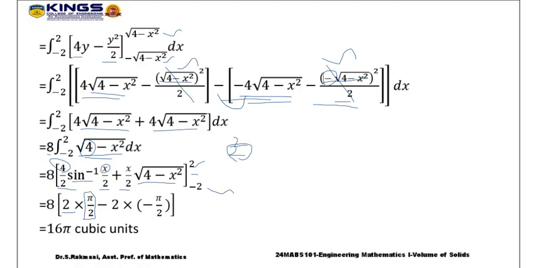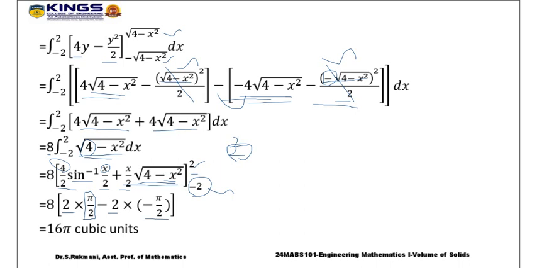If we substitute x equal to 2 here, this term becomes 0. So upper limit is over. Minus lower limit. Lower limit is minus 2. So here again 4 by 2 becomes 2 into sine inverse of x, instead of x minus 2 by 2, that becomes sine inverse of minus 1. Again the value for sine inverse of 1 is 90 degree. So minus pi by 2.